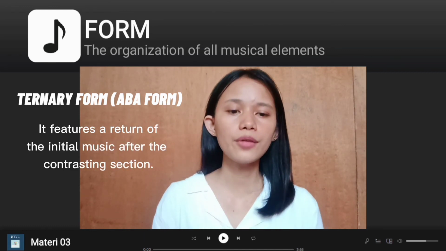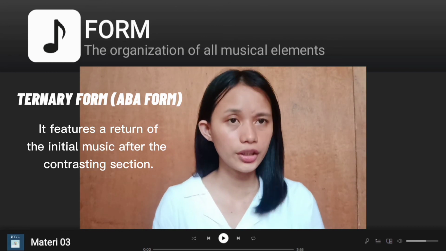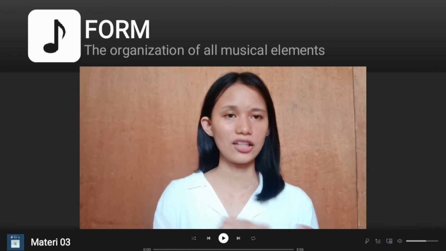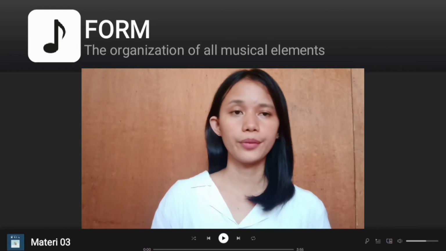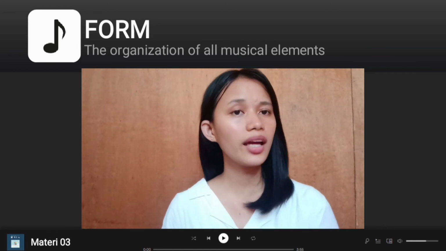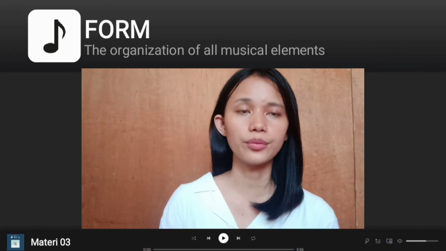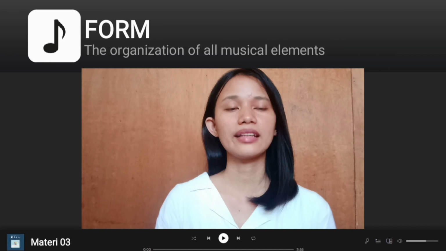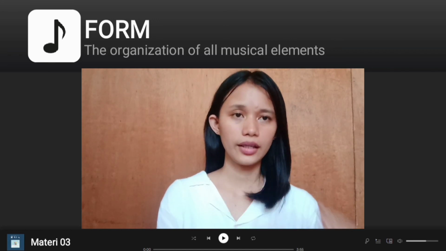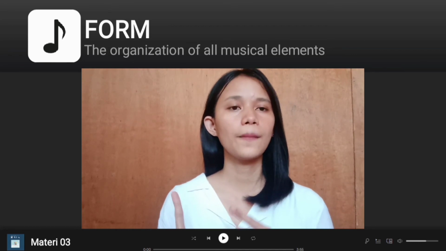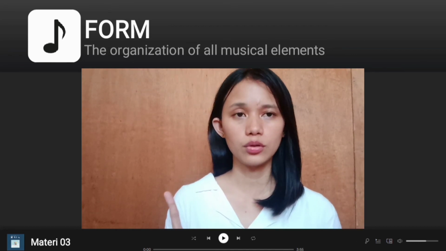So, ternary form, it features a return of the initial music after a contrasting section. So, ang ternary form, it is where the first section A is repeated after the second section B. Kaya naman tinawag na A, B, A. So, ang gagawin lang, uulitin yung una hanggang sa dulo.